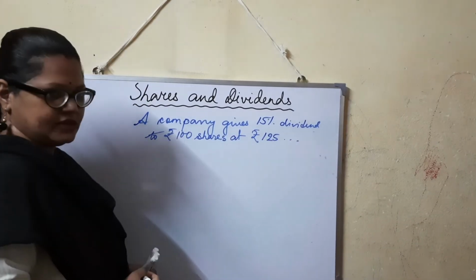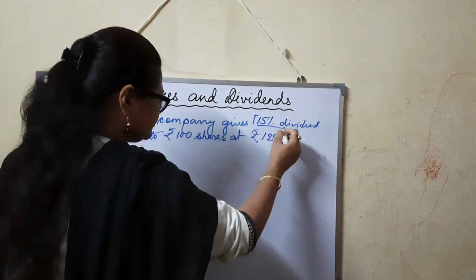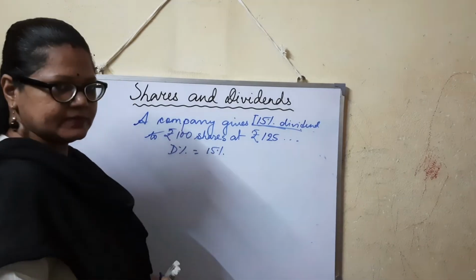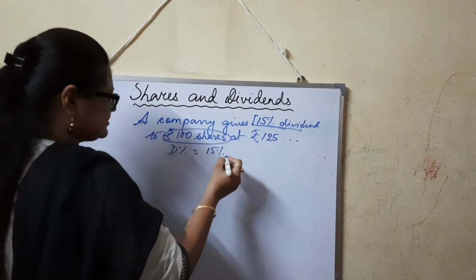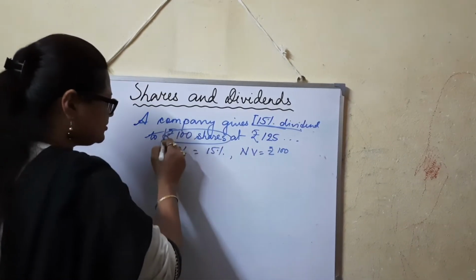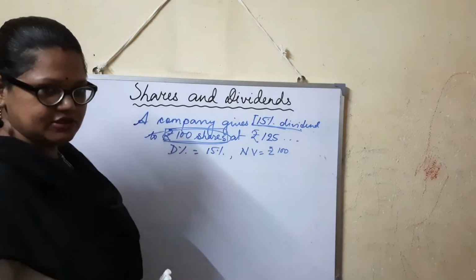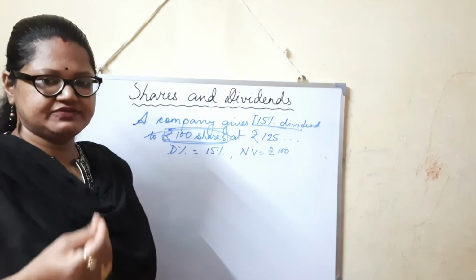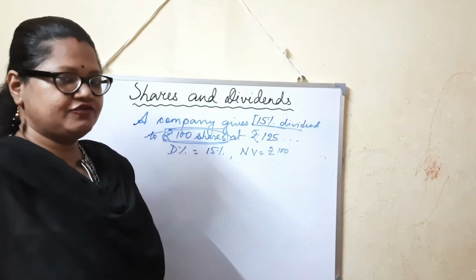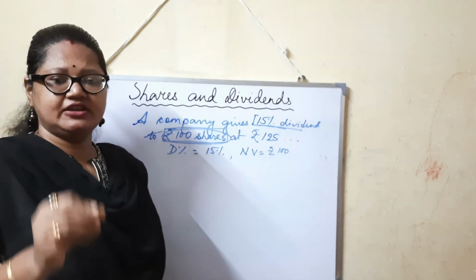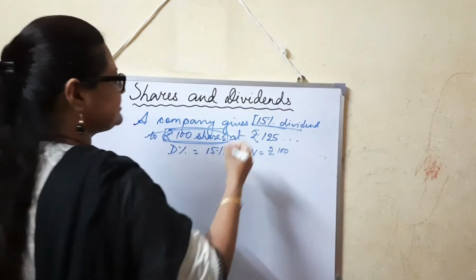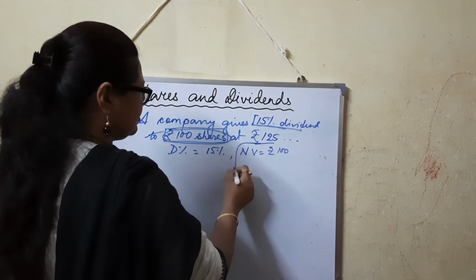The actual thing is this part, 15% dividend. That means dividend percentage here is 15%. Rupees 100 shares means nominal value is equal to rupees 100. Whenever you see this term in the question, that is rupees 10 shares, rupees 50 shares, rupees 100 shares, that means this is the nominal value. And one thing you have to remember, if the question doesn't have any nominal value stated, then take it to be 100. And at rupees 25, this becomes our market value.